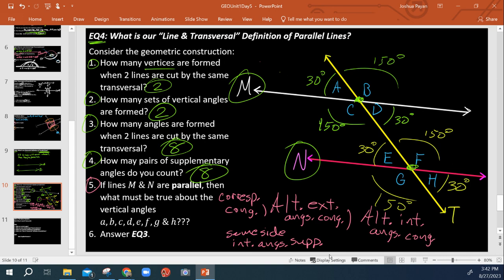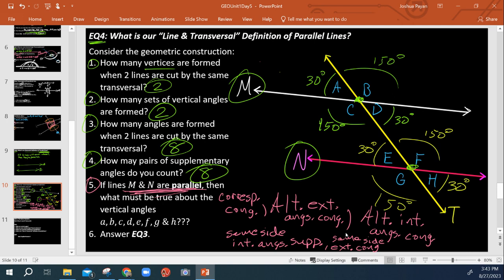What about same side exterior angles? Yep, A and G are same side exterior angles, and they would be supplementary. So same side exterior angles would have to be supplementary. All of these things are true just because these two lines are parallel.